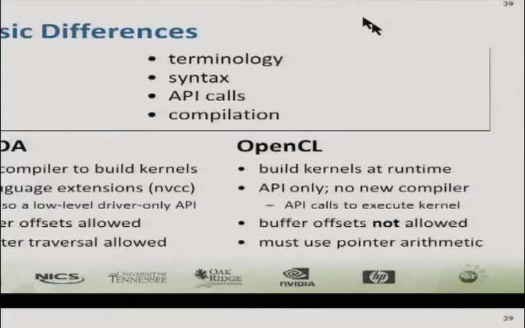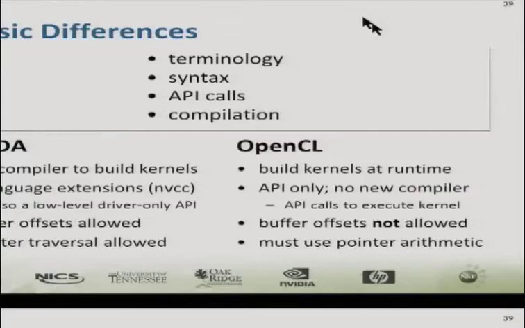There's the language extensions. There's really an API in OpenCL, and then the kernels themselves have a compiler, but you don't see that. The kernels that you create in OpenCL are really like a long string, for lack of a better word, that you take and then you run the compiler on them at runtime, and they create that executable.